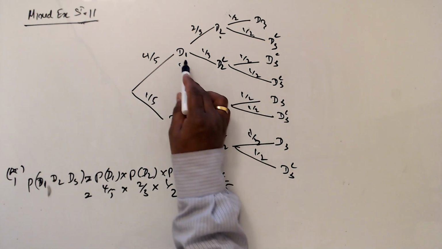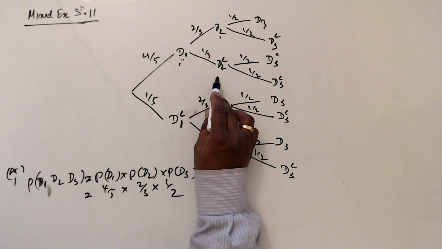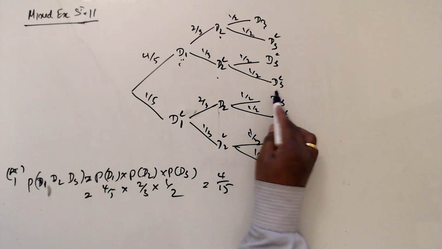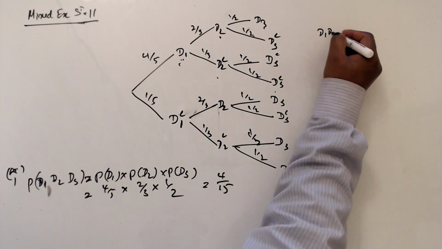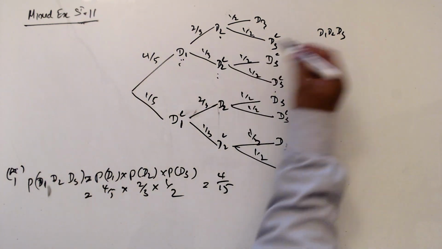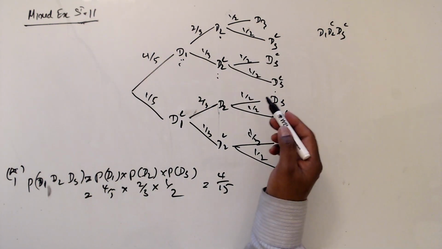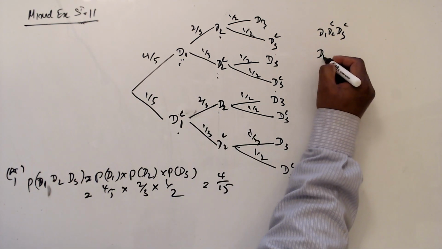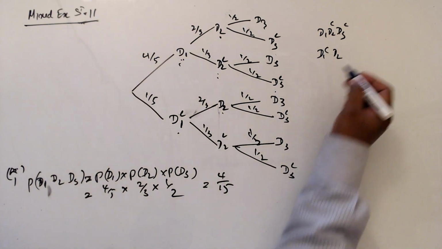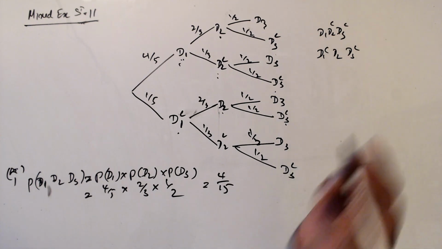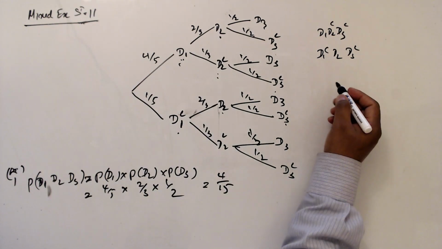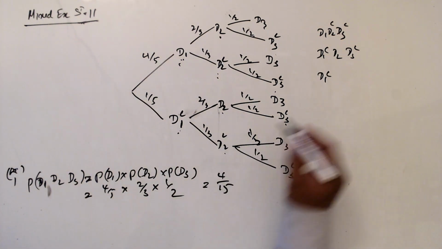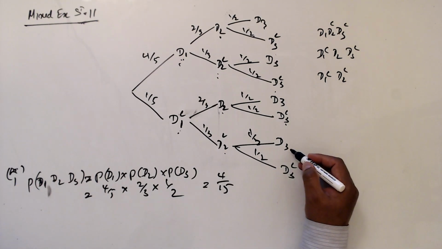This is one branch, only one diamond: D1, D2 complement, D3 complement, and the other one is D1 complement, then D2 and D3 complement, and the other one D1 complement, D2 complement, and D3.